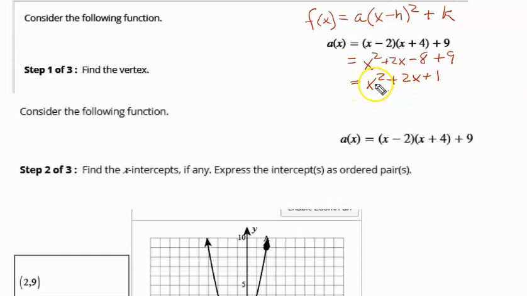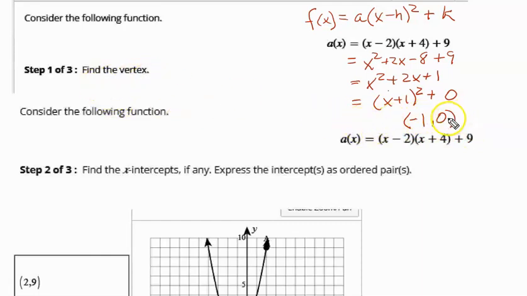Now I recognize this as a perfect square trinomial already, so I could put this in the form of x plus 1, the quantity squared, and there's nothing left, so there's a 0 out there. So now this is in vertex form. What will my vertex be? Well, it's going to be the opposite sign of this, which is our h, which will be a negative 1, and our k value is going to be 0. So there's our vertex.